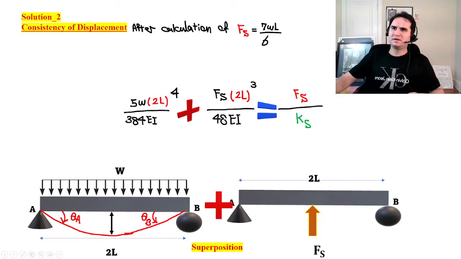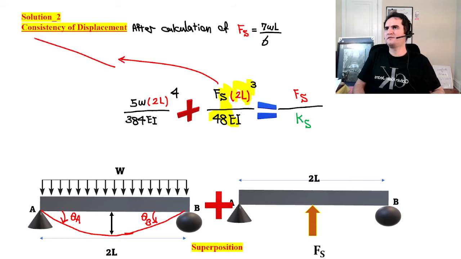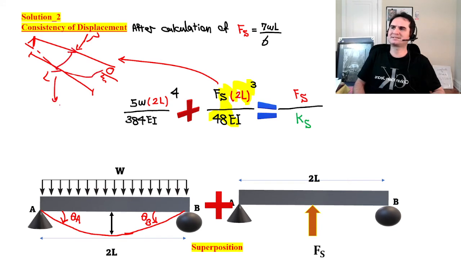Let's draw it very quickly. If we have a two simple support beam with the length of L and load P, we talked about how delta maximum happens at the center, and that delta max is equal to PL cubed over 48 EI.